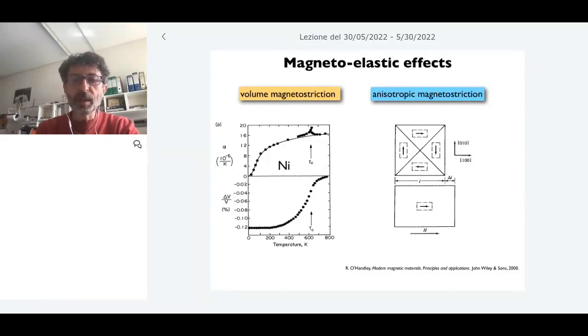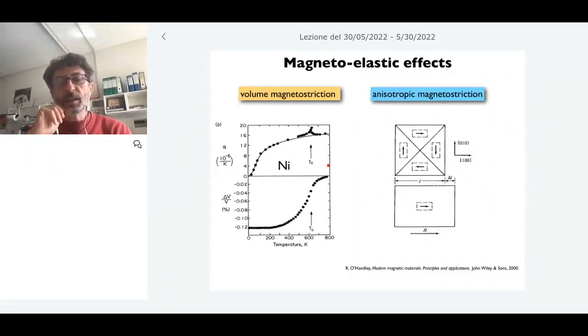Well, if you take a magnetic material, then you will discover that there is a correlation between the volume and the magnetic order. And this you see very well if you take a magnetic material, for example, nickel, and you measure the thermal expansion coefficient as a function of temperature. The thermal expansion coefficient has the behavior from 0K to the Curie temperature which is shown here.